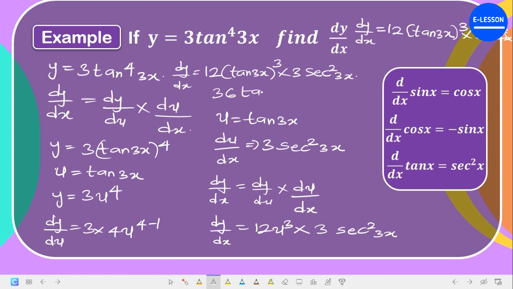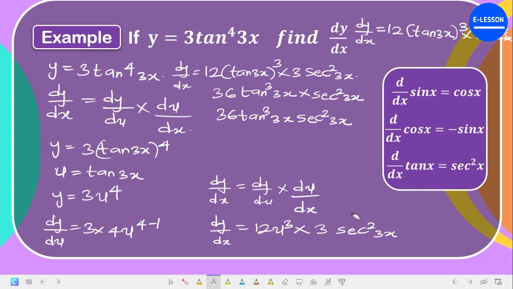There we have tan 3x cubed times sec square 3x. And finally your dy/dx will be 36 tan cubed 3x sec square 3x. And that is the final answer to that question. Okay, let's proceed with the next question.